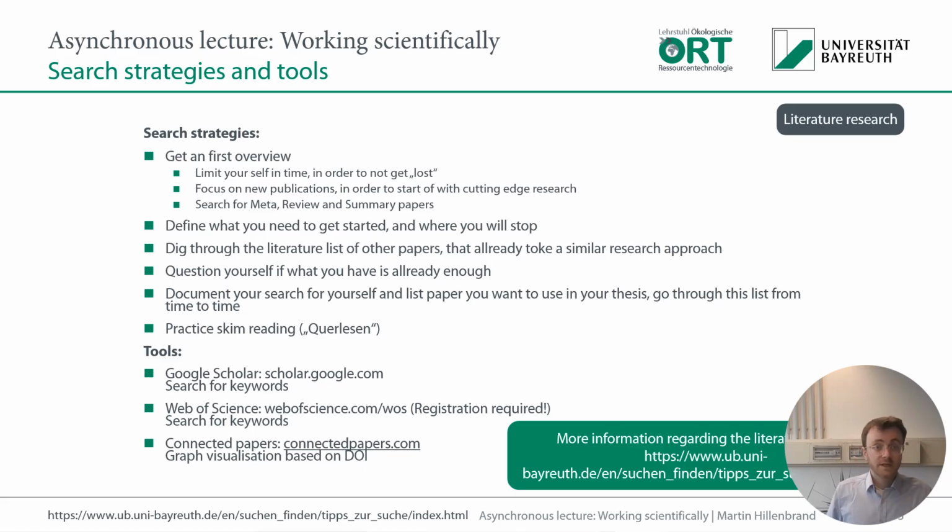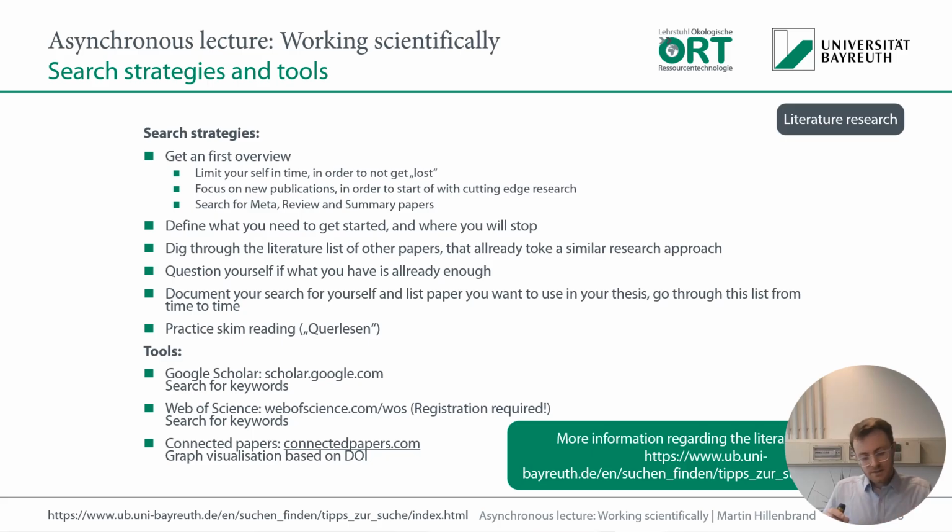Another tool that I'm using a lot is Connected Papers. I like it a lot because in Connected Papers you can put in a DOI, a digital object identifier. That's a number, an identifier for scientific work. Each paper has its own unique DOI, and with this number you can always reference this paper.